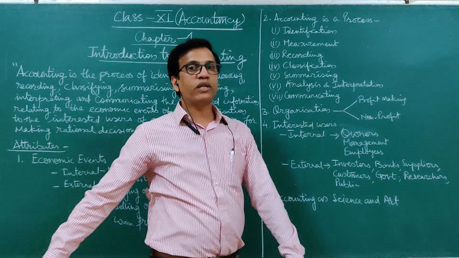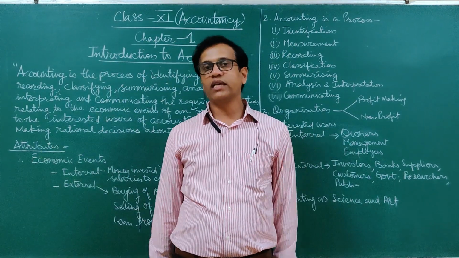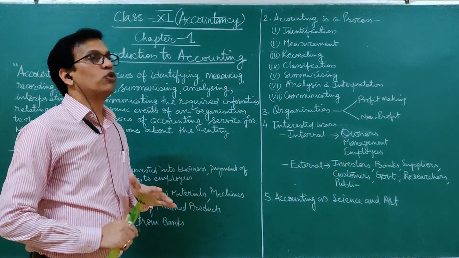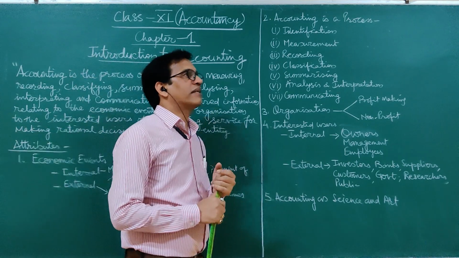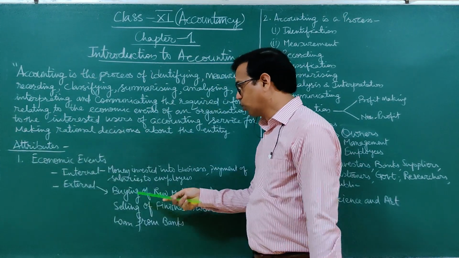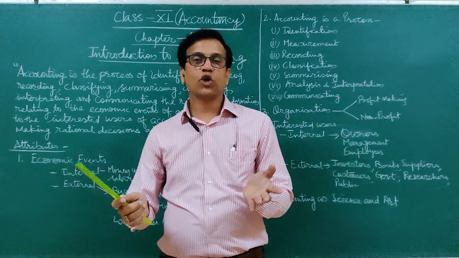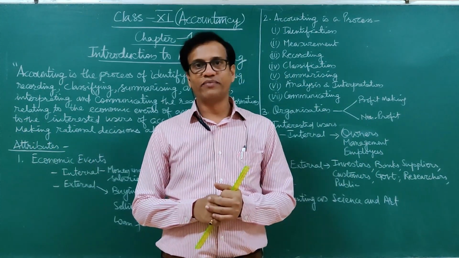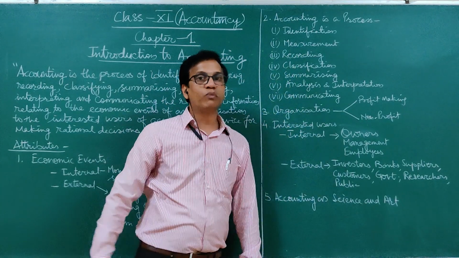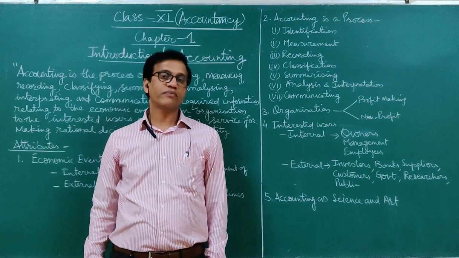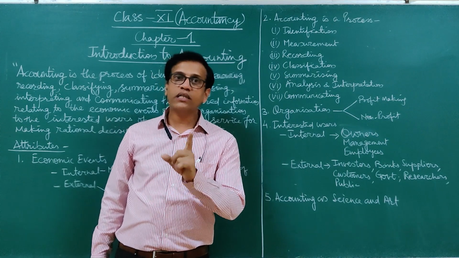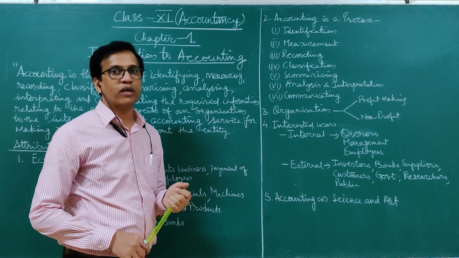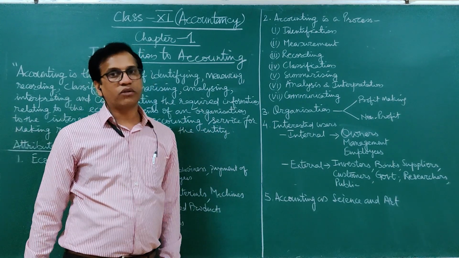Then measurement. After you have identified what is to be recorded in the books of accounts, you have to measure that in terms of money. You might have identified that the business purchased 200 kilograms of raw material. Just simply this much is what you identified. Now we have to measure it in financial character. Until you convert it into money, the standard currency of the country in which you are recording, you cannot record it in the books of accounts.